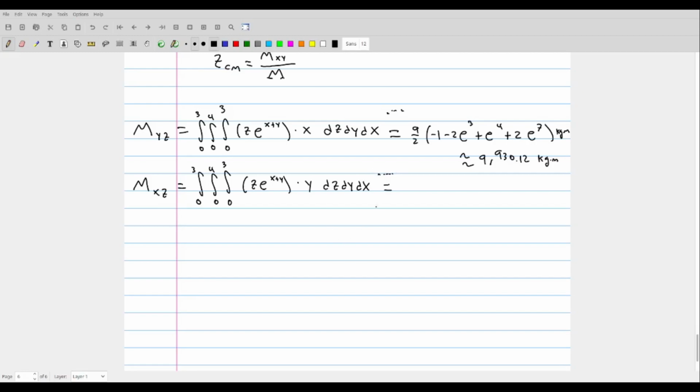All of these are good problems to practice your triple integration over rectangular regions, but this ends up being exactly 9/2 times -1 plus e to the 3 minus 3 e to the 4 plus 3 e to the 7 kilogram meters, which is approximately equal to 14,153.4.